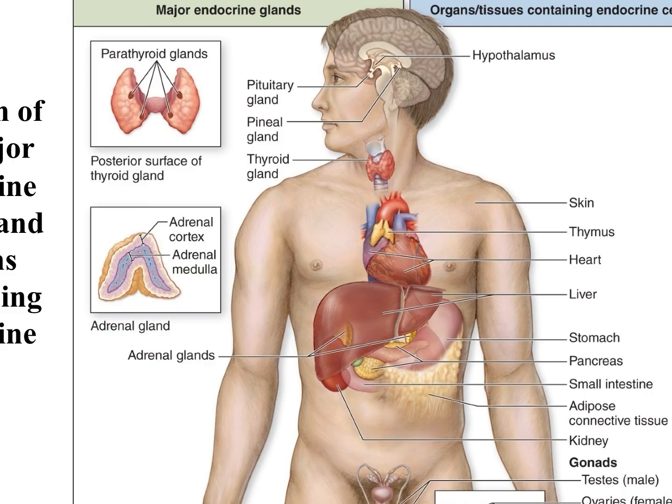Right, so on the right side, you have a number of these organs that have endocrine tissues, meaning that they produce hormones and they can release them in the blood, but their overall function is not for the control of homeostasis in that way. Does that make sense?